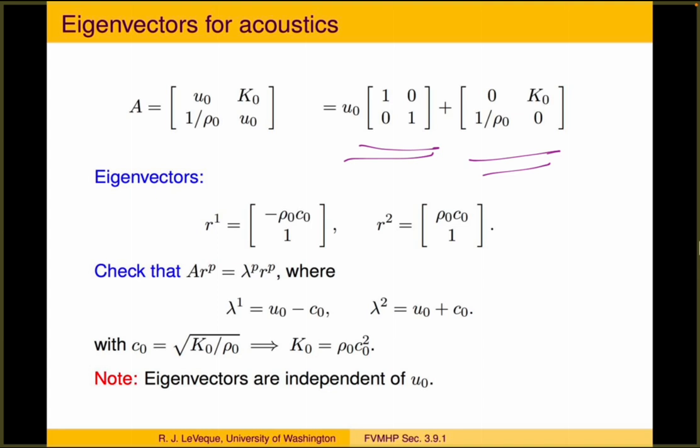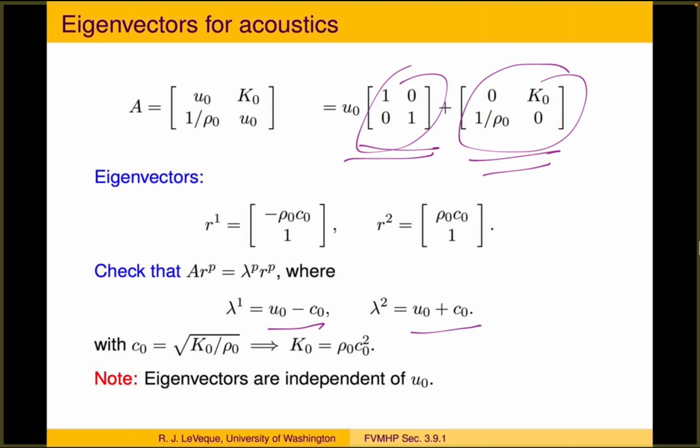If we add a constant times the identity matrix, it shifts the eigenvalues by that constant value, but it leaves the eigenvectors alone, since any vector is an eigenvector of the identity matrix. If you multiply A times one of these vectors, you get just the corresponding lambda times that same vector again. So the eigenvectors are independent of u0.